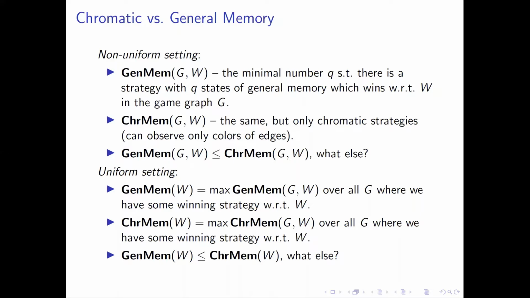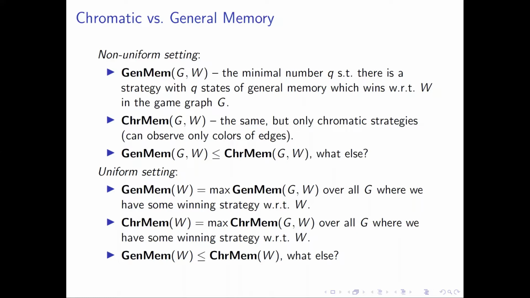Let's say, if general memory of G and W is finite, is it true that chromatic memory of G and W is also finite? And the other setting, which is also of our interest, is the uniform setting. In this setting, we define general memory of W. How? We consider all game graphs G where there is some winning strategy.